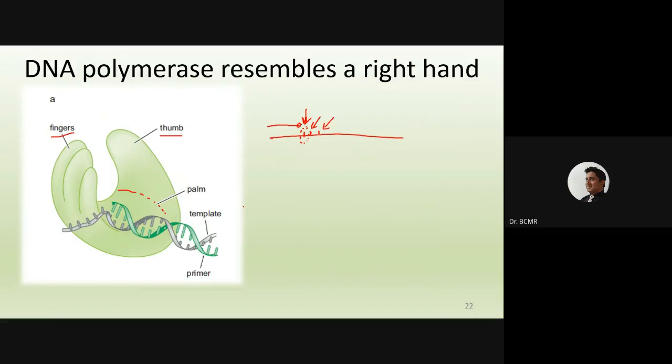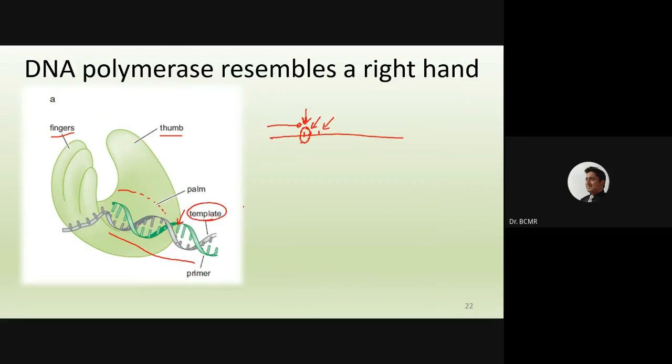The point is how that base is brought into the active site. If you see in this picture, you see a double-stranded DNA. The green one is the growing chain, the strand being polymerized, and the gray one is the template.